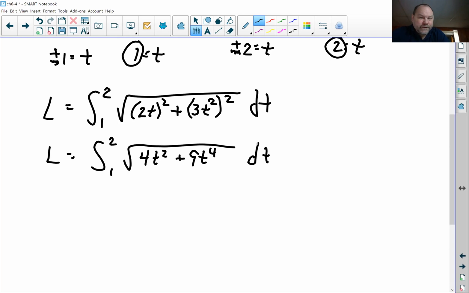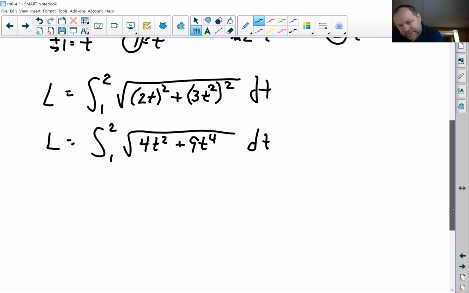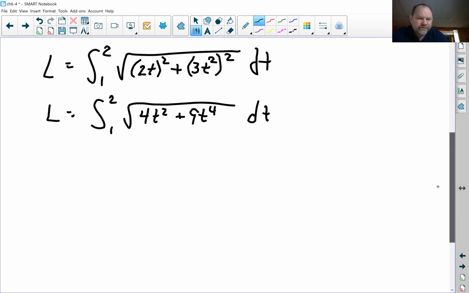All right, now to integrate. Well, before I integrate, I see a common factor there of t squared.